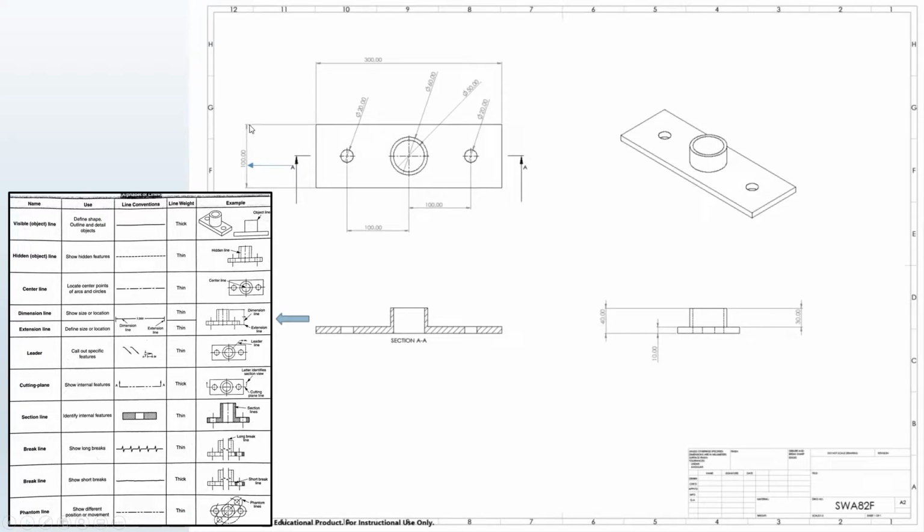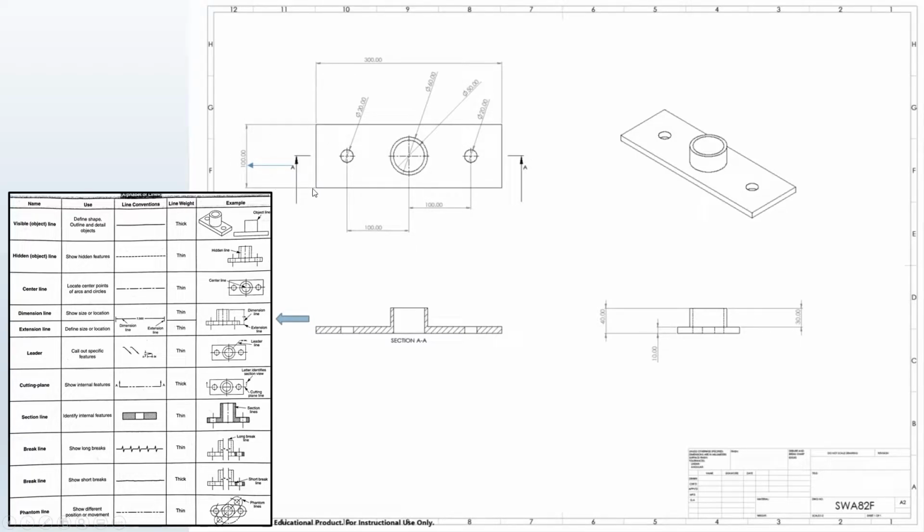These extension lines come from the edge of our object, and we extend them out so we can put a dimension line in without cluttering up the piece. If we put all the dimensions on the piece itself, all of this information would have to be crammed into this part. Instead, we can do extension lines off of the part and then do our dimension lines.